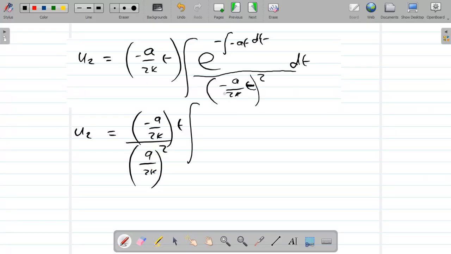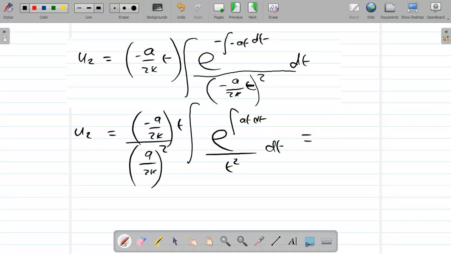The minus gets multiplied by a minus, so it becomes plus, but we usually don't write that there. And that's multiplied by the integral of e to the a t squared over 2 divided by t squared, and then there's a dt.